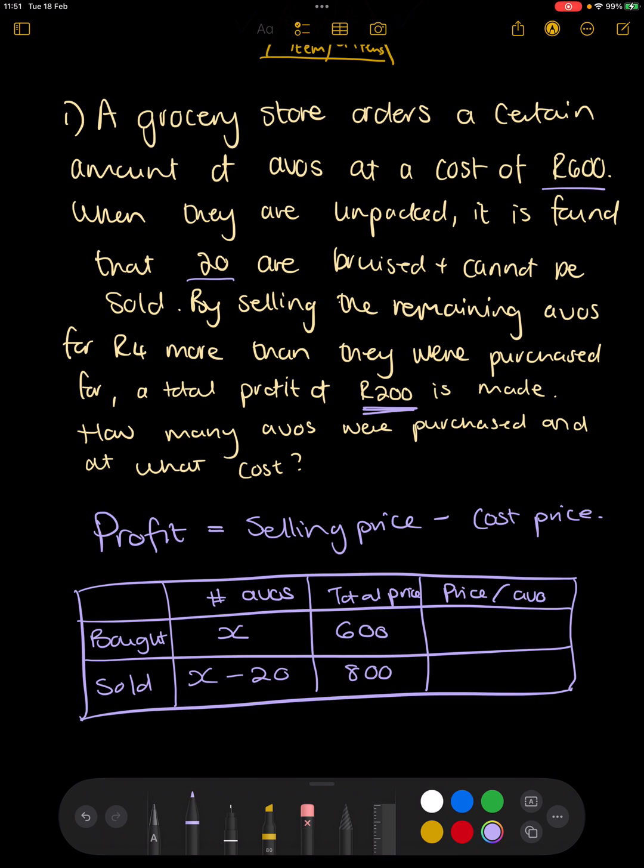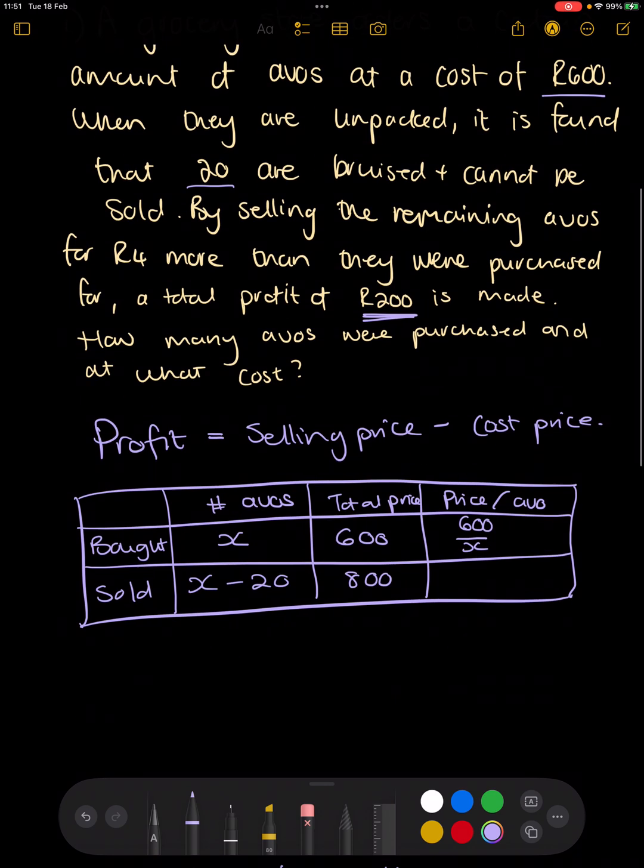Now to get the price per avo, I'm going to say 600, the total amount, divided by X. Then for the sold one, it is going to be 800 over X minus 20.